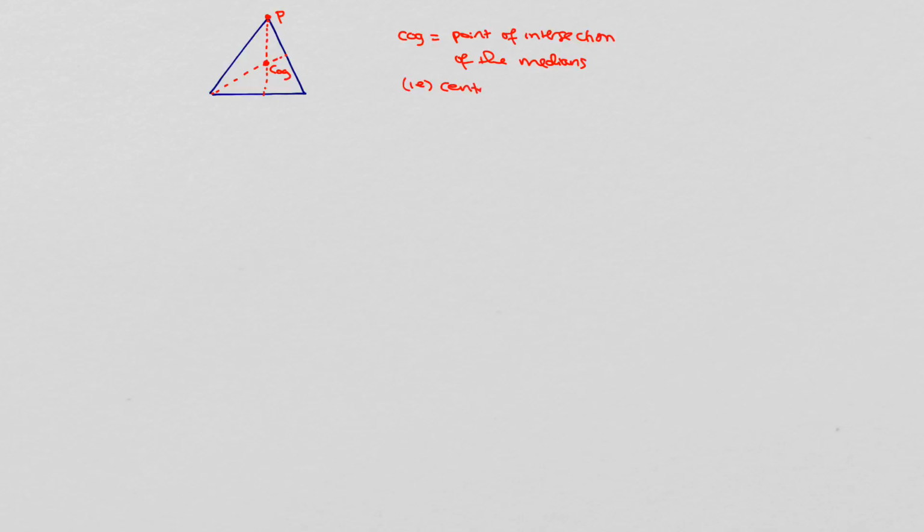And of course, we have to remember from higher level maths what our centroid does. It divides the medians into the ratio of 2:1. So therefore, this is going to be 2/3 of the distance down, and this will be 1/3 of the distance down.